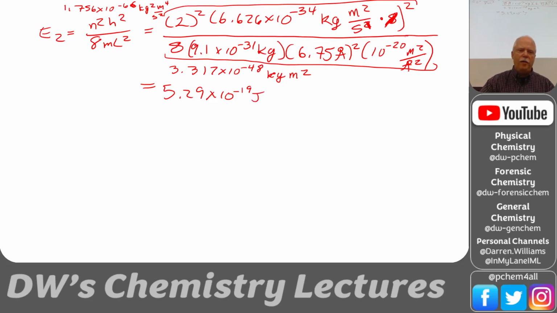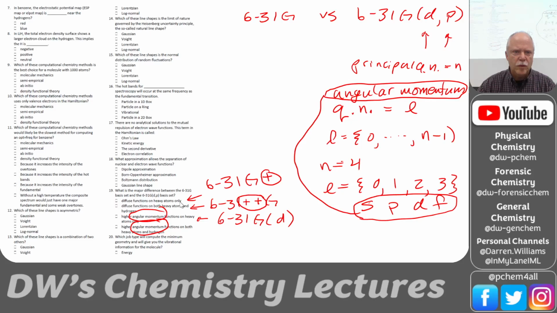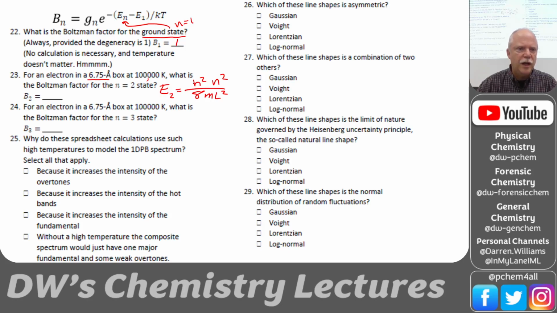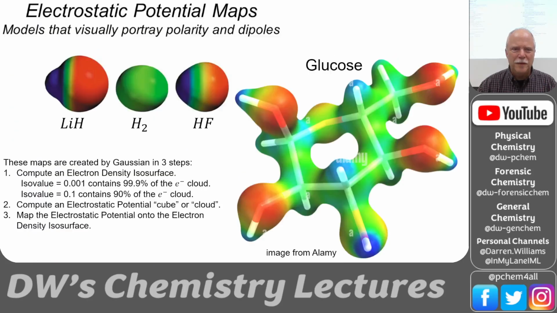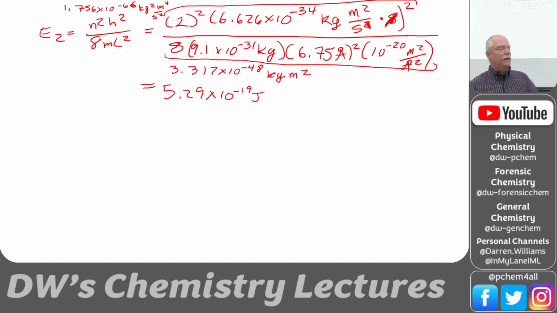Let me go back to the problem. Does it give us the ground state energy, or do we have to calculate that too? Yeah, we've got to calculate that too. Fair enough. We can divide that by 4, so this was for n equals 2.